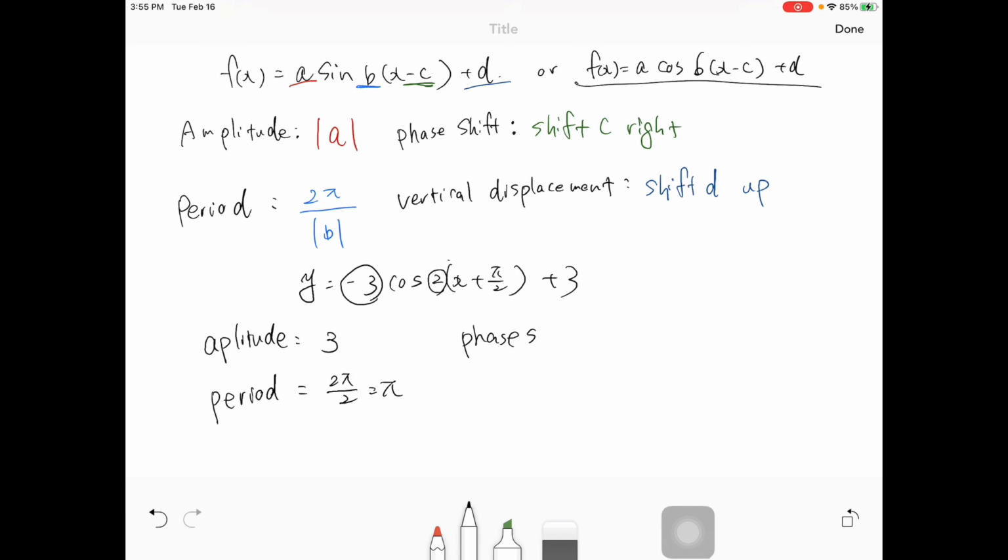And phase shift comes from here, so it's going to be negative pi over 2. And finally, vertical displacement comes from here, which is 3 upward.